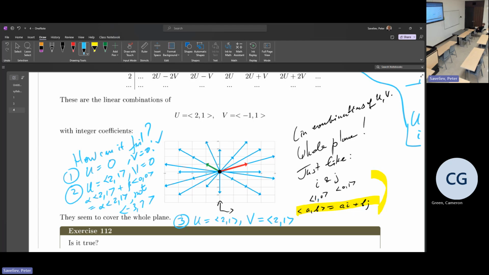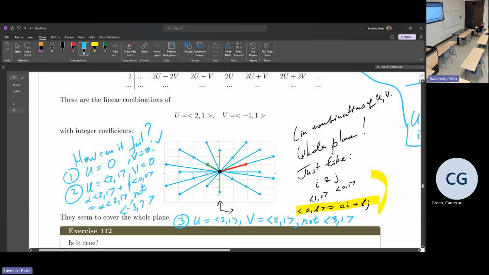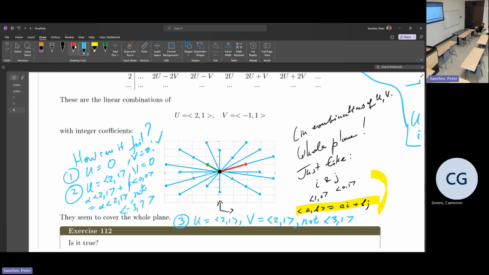When you have two vectors, what do you get? Can you give me a vector that's not covered? 3, 1 wouldn't be covered. As long as it's not a multiple, it's not covered. So what if I put 3 here?